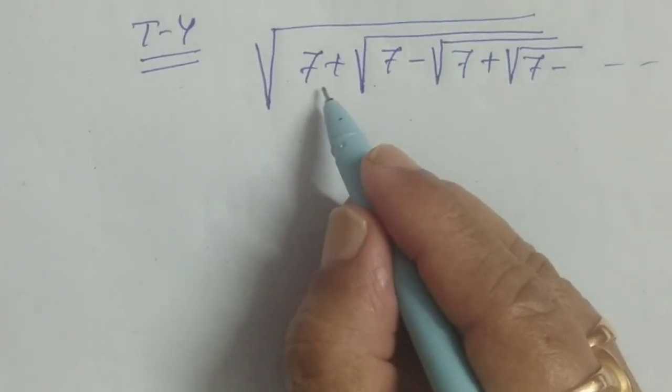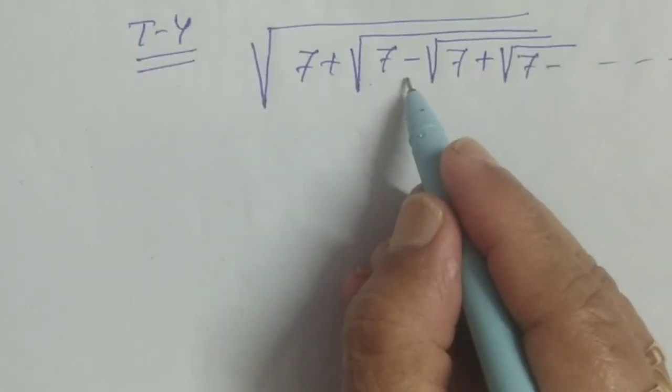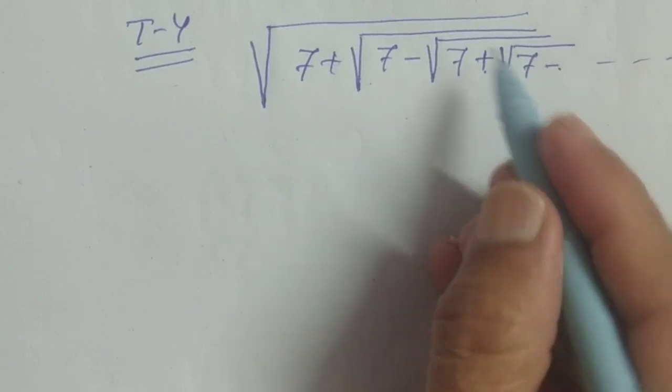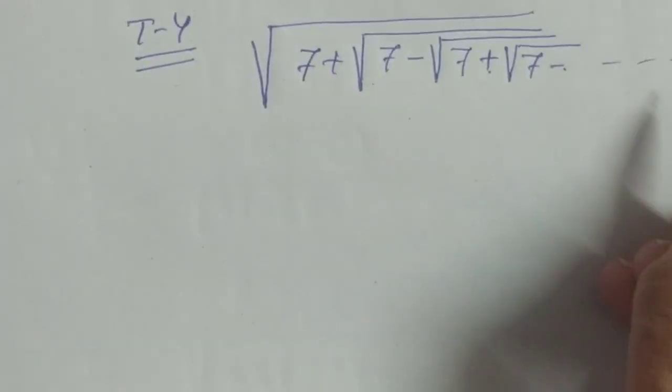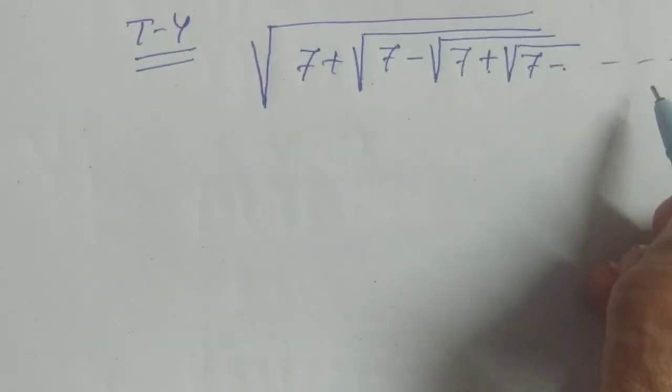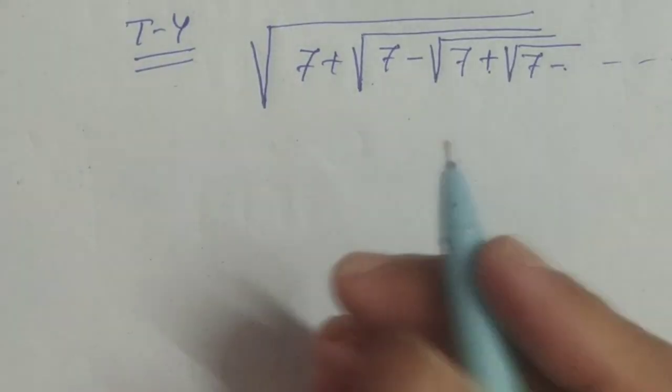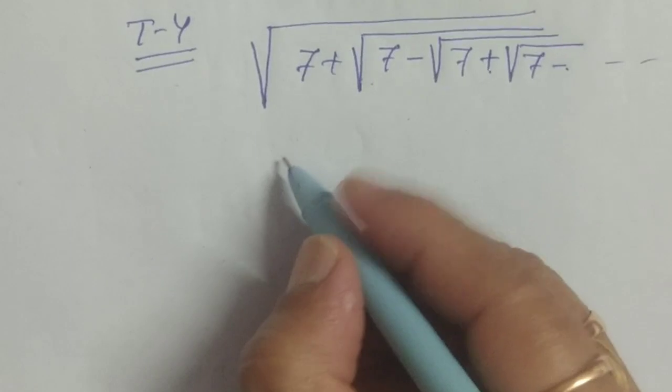Alternatively, this is plus minus plus minus. Then how to solve these questions within a few seconds? To solve this question within a few seconds, you have to remember the formula.